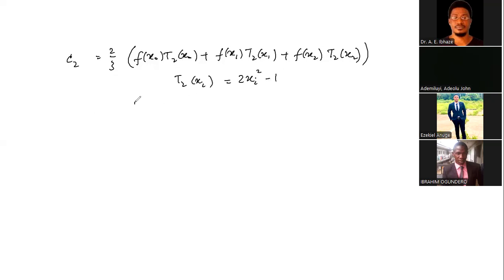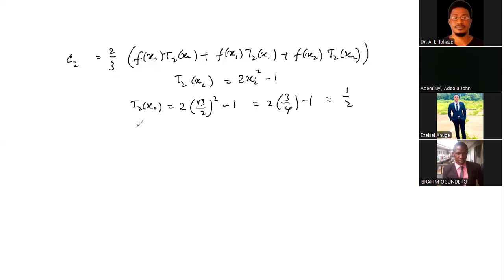So it means that T2 of S0 will be the same as 2 into bracket square root of 3 over 2 squared minus 1. And then this is going to be square root of 9 divided by 4, which will be 3 over 4. That'll be 2 into bracket 3 over 4 minus 1. And this will cross this, and this is going to give us 1 over 2.